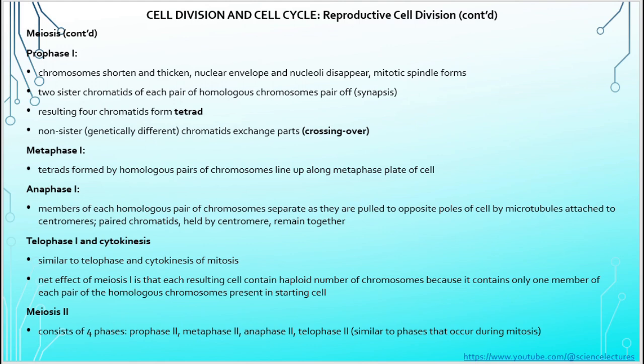The second stage of meiosis, meiosis 2, also consists of 4 phases: prophase 2, metaphase 2, anaphase 2, and telophase 2. These phases are similar to those that occur during mitosis. Centromeres split, and the sister chromatids separate and move towards opposite poles of the cell.